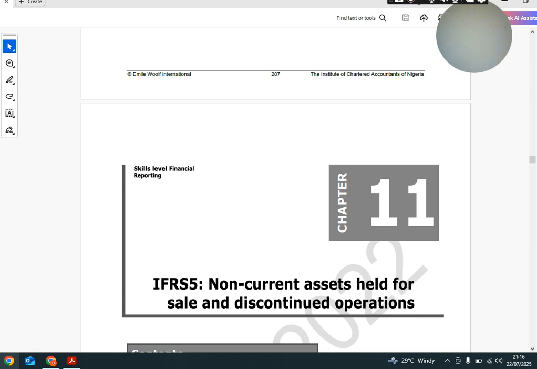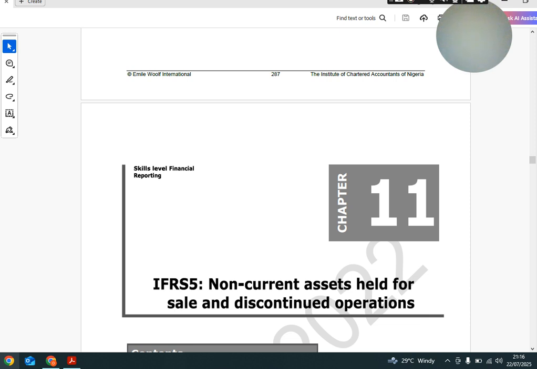So this standard covers two aspects: one, non-current asset held for sale, then secondly, discontinued operations, right? That is what this standard covers.